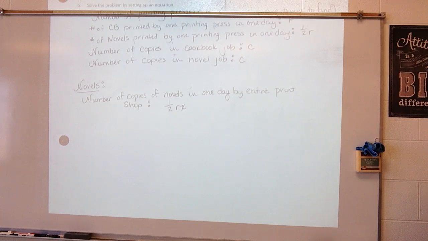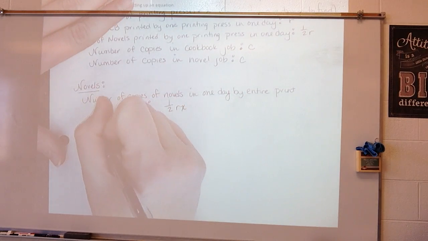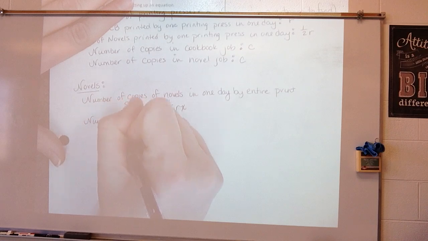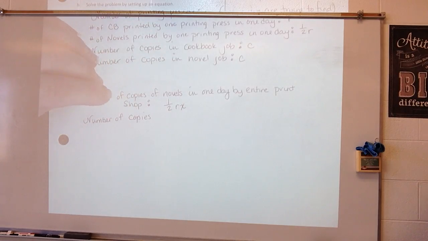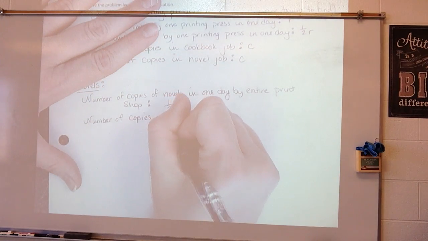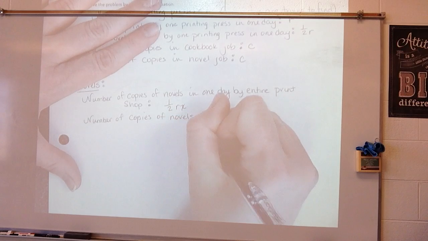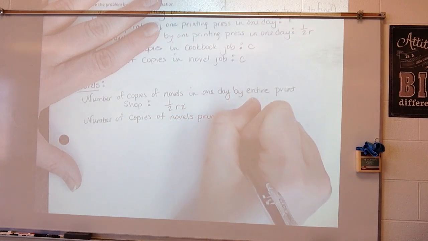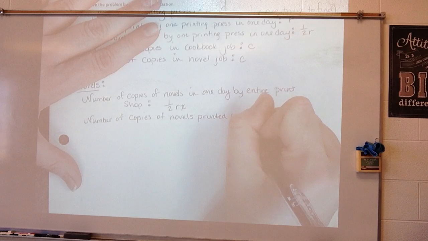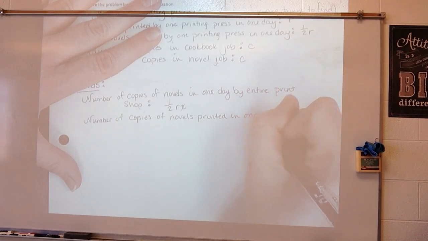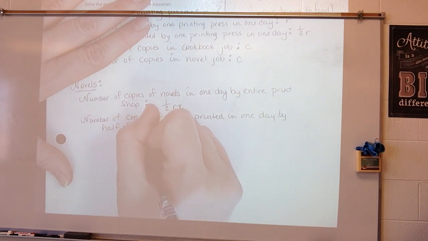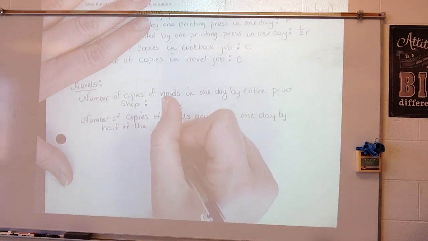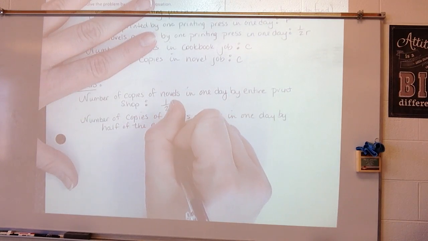Now let's look at the number of copies of novels printed in one day by half of the printing presses, or half of the entire print shop.